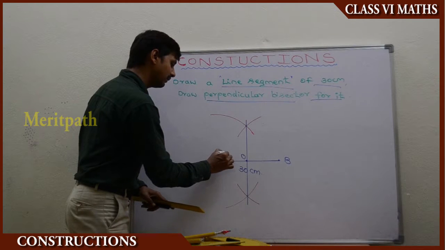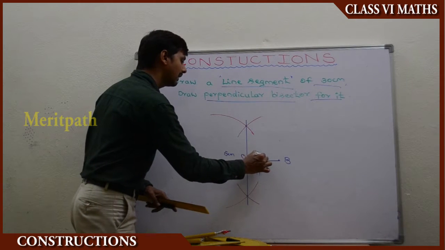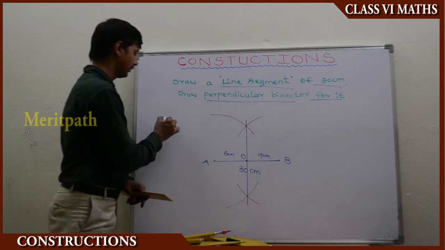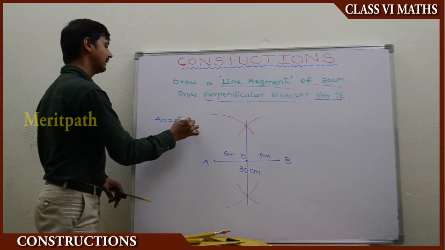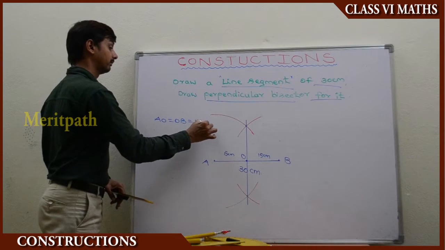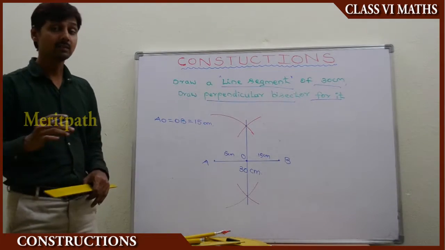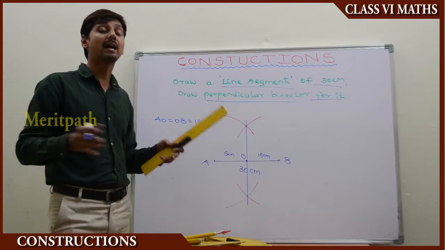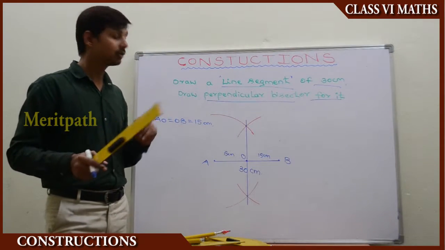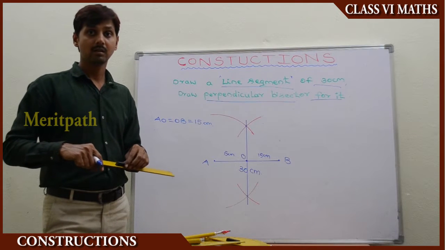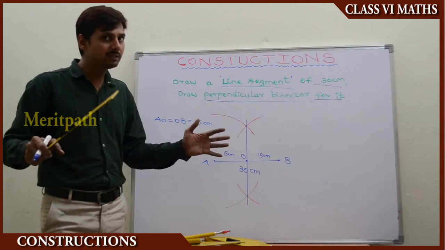So AO is equal to OB, which is equal to 15 centimeters. The line segment of 30 centimeters divided into 2 parts of 15 centimeters each is called a perpendicular bisector. This is the bisector.